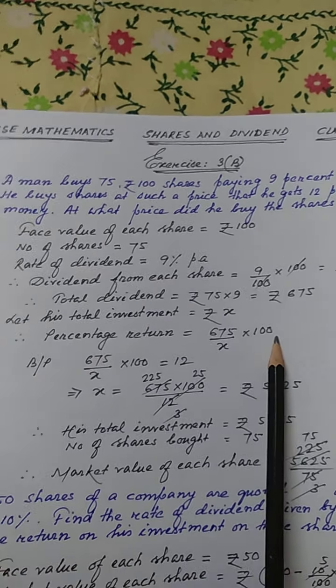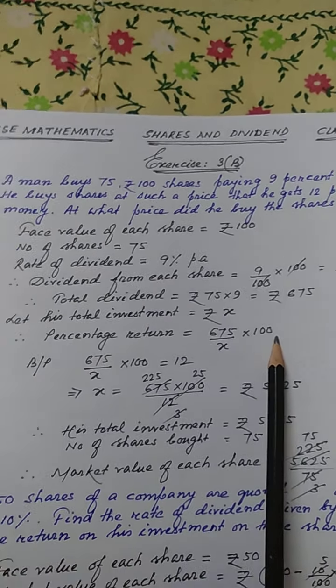It's given a man has a choice to invest in rupees 100 shares of two firms at rupees 120 or at rupees 132. The first firm pays a dividend of 5% per annum and the second firm pays a dividend of 6% per annum.